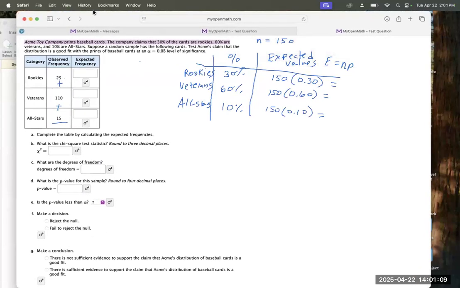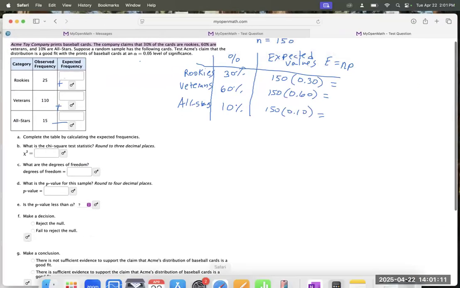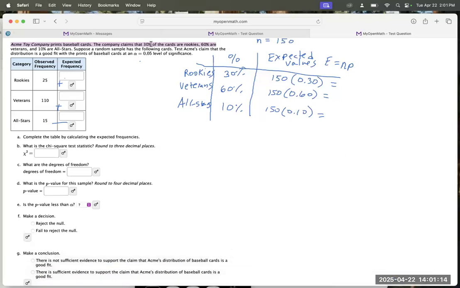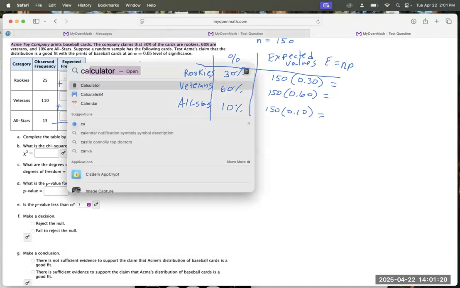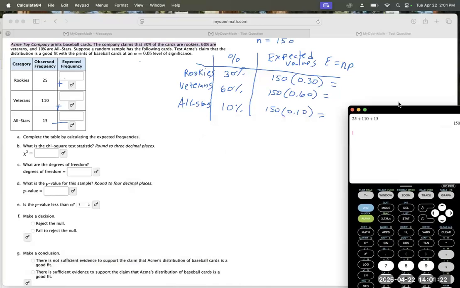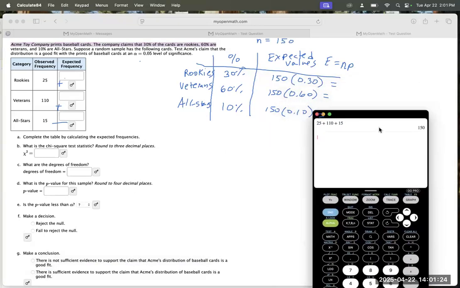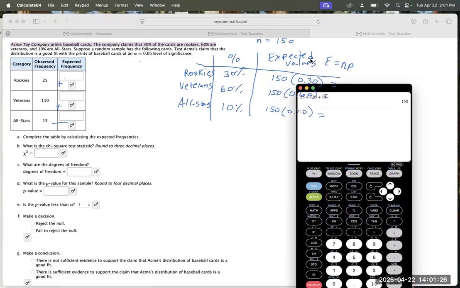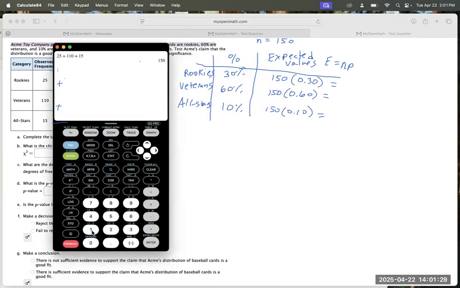I have to find my calculator down here. Okay, so I do this quickly on a calculator, 150 times 0.3, 45.